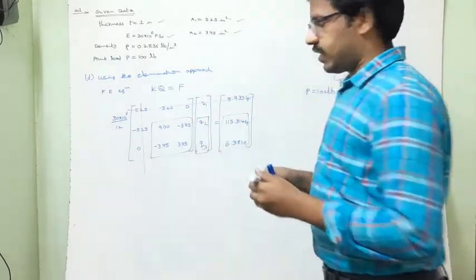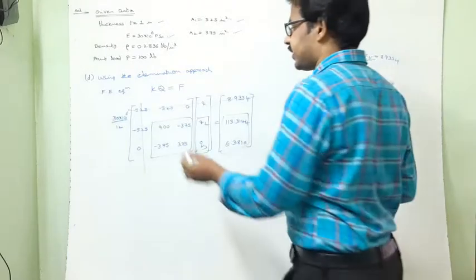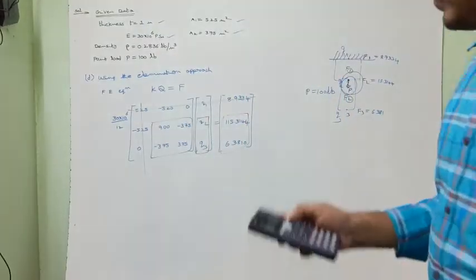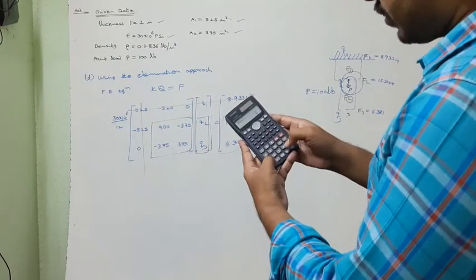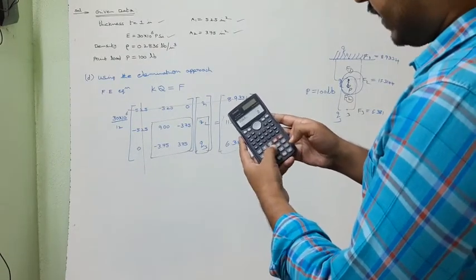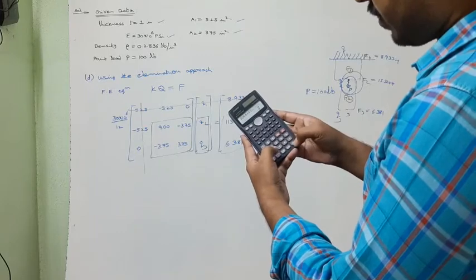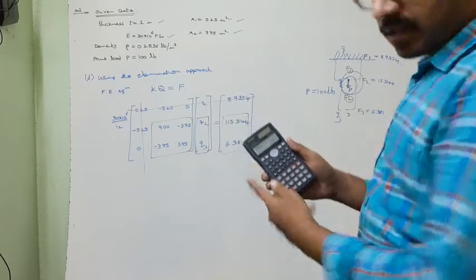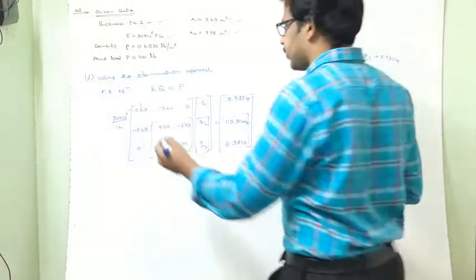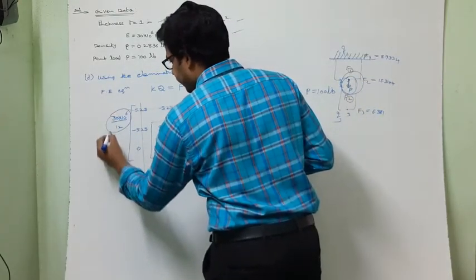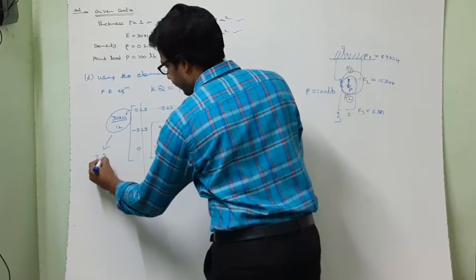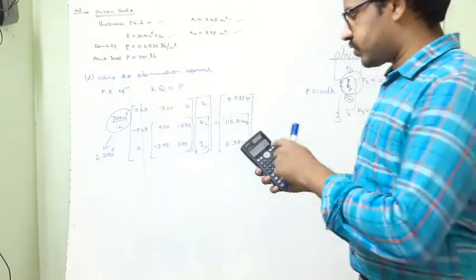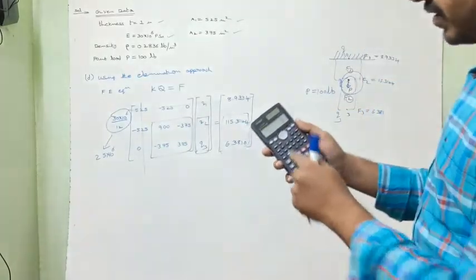What is the value of 30 into 10 power 6 by 12? 30 E6 whole divided by 12 is 2.5 into 10 power 6. So we need to calculate these values. So here two unknown terms are there.